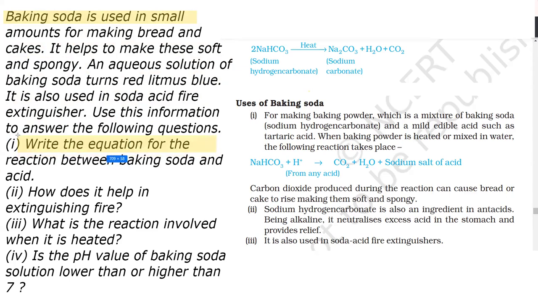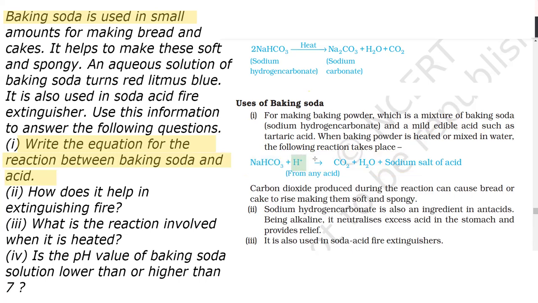The first question is to write down the reaction of baking soda with an acid. Although it's given that it is tartaric acid, a mild edible acid, the tartaric acid formula is very complex, so we do not write down the whole formula. Instead, we'll write NaHCO3, that is sodium hydrogen carbonate, baking soda, plus H+.